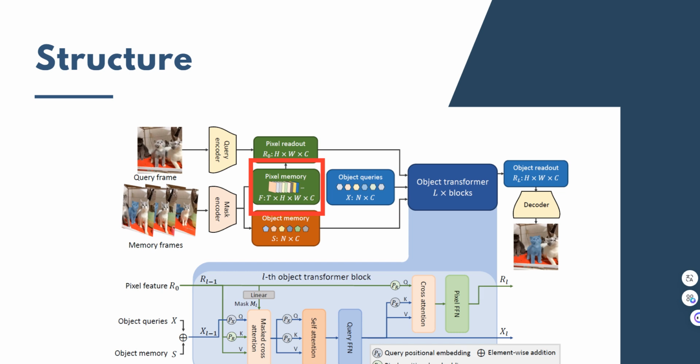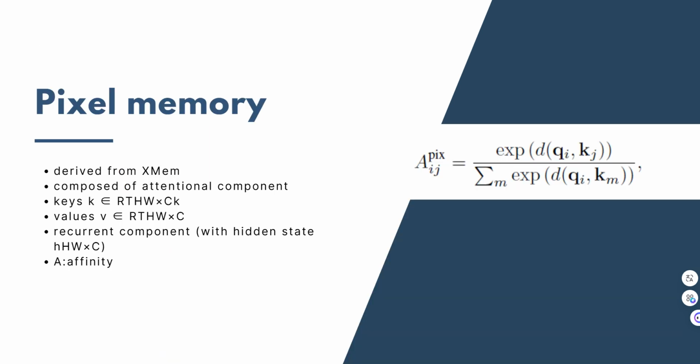The next component is the pixel memory. Pixel memory is derived from XMem, which is another approach.